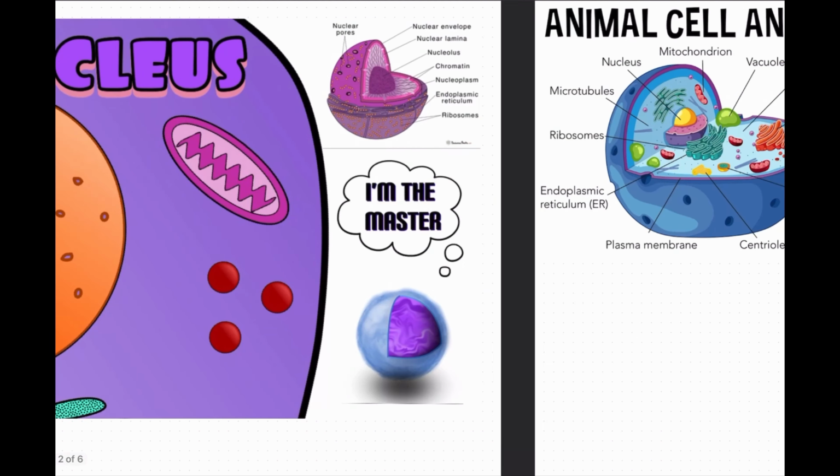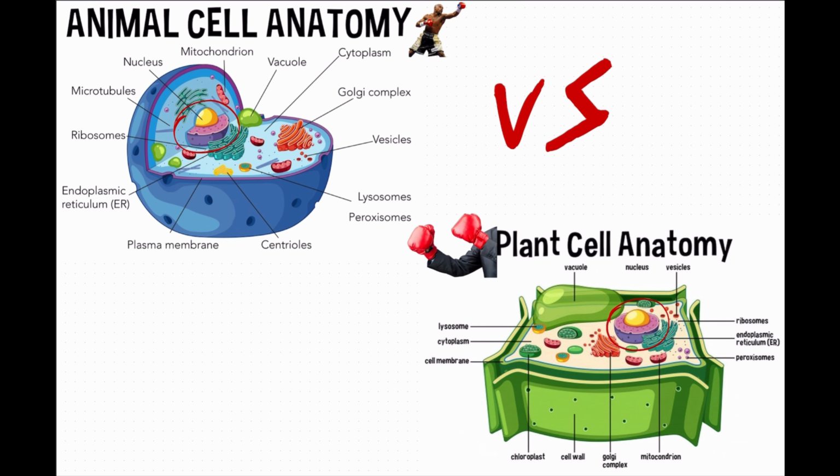So first, what I have is a little boxing match, ding, ding, ding. And this is really showing the difference between the animal cell and the plant cell. The one key thing that we want to take away from this is both of them have the nucleus, right? Dead in the center for each of them. But the key difference is that the animal cell has a plasma membrane, while the plant cell has something called a cell wall, which is very rigid.